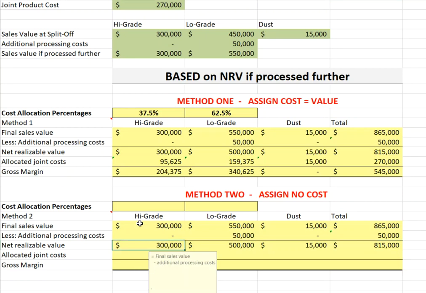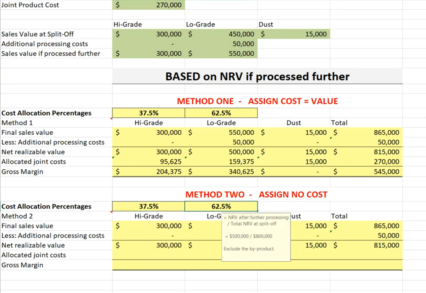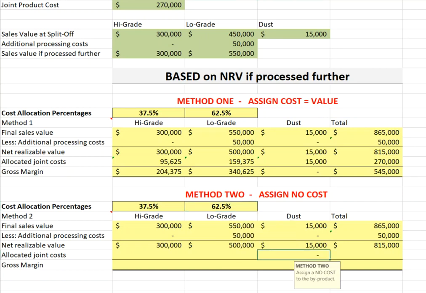The allocation percentages will be our final net realizable values of 300 and 500 divided by our total net realizable value of 800,000. So we will allocate, once again, the same 37.5% to the high-grade coal and the same 62.5% to the low-grade coal. The only difference is, this time we're allocating no cost to the byproduct.